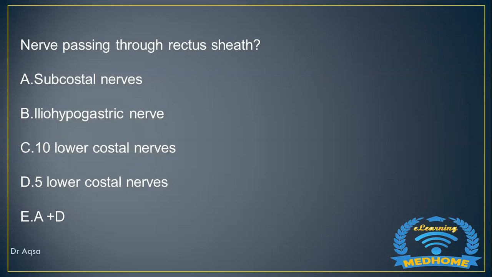Ma'am, A and D. E. I'm not sure about 10 lower. Yeah, you are right, I'm trying to confuse you. A and D: 5 intercostal nerves and subcostal nerves. So it becomes A and D. Option E is the correct answer. Yes, you're right. Excellent. Thank you.